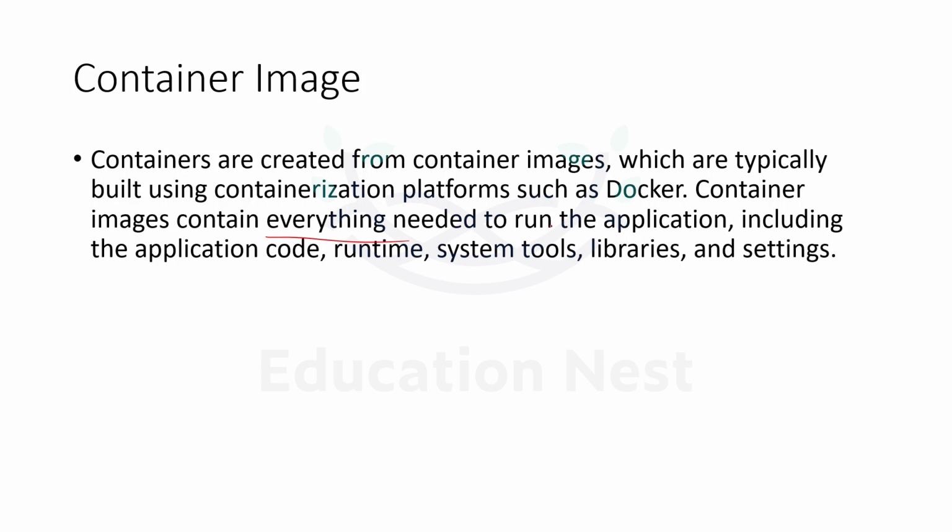It contains everything that you need to run the application in the container, such as application code, runtime, system tools, libraries, settings, and any kind of dependencies if there. Containers are typically built using containerization platforms such as Docker, and containers are built from container images.